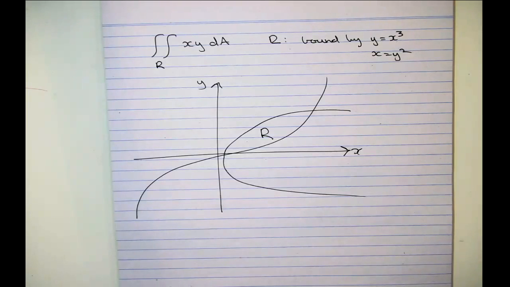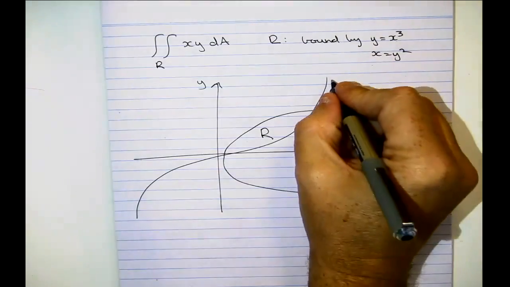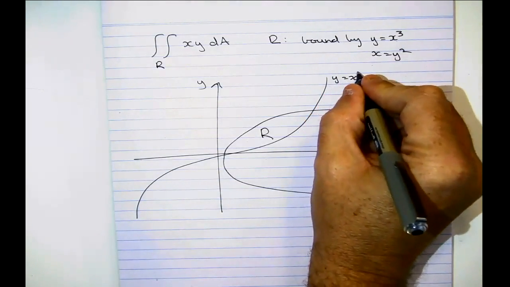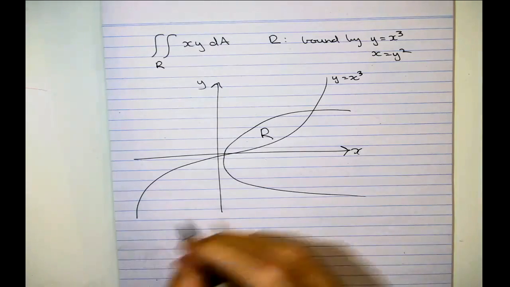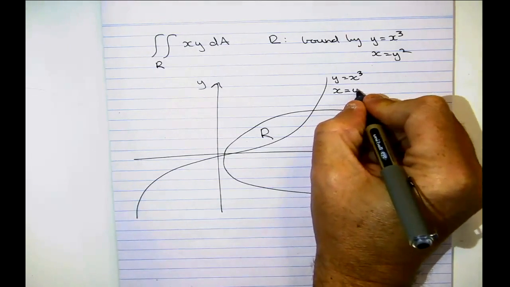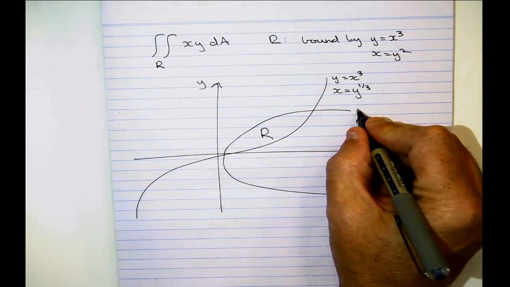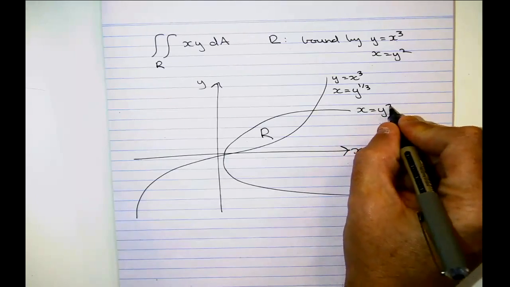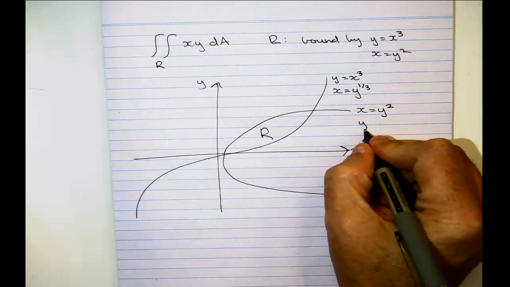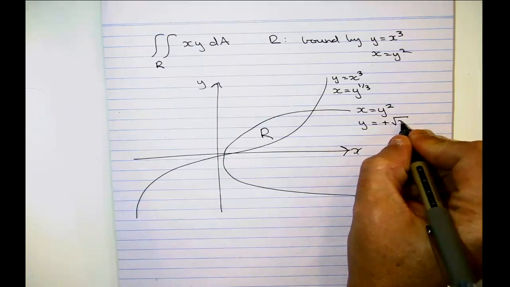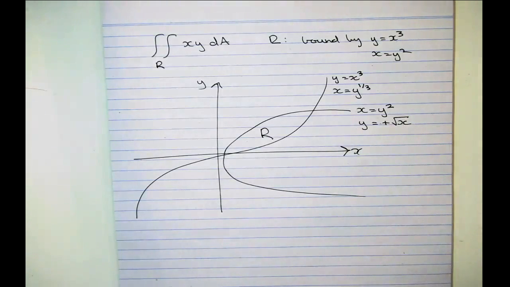Then what I do is write out this is the curve y equals x cubed, or alternatively, x is y to the third. I write all of this out even before I attack the integral. This is the curve y equals x squared root, or alternatively plus root x.